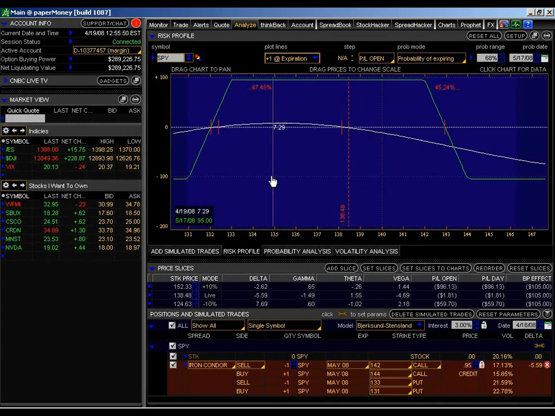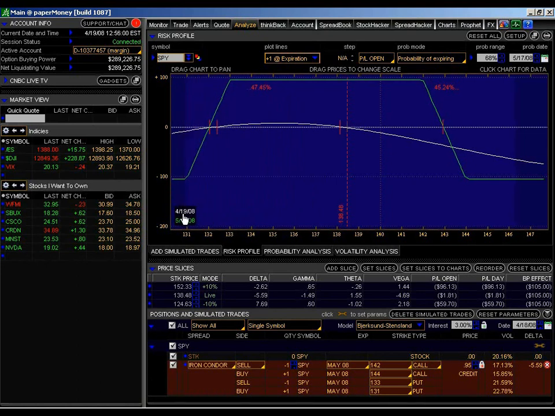You can move your cursor back and forth, and down here it'll show you what your current profit position is based on date. Today is 4/19/08, and the profit potential of the position, which is your green line, is shown at the expiration date, which is May 17th, 2008. All we have to do is run our cursor along these strike prices.